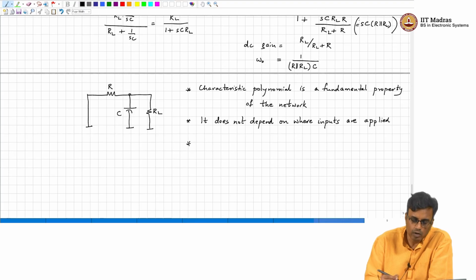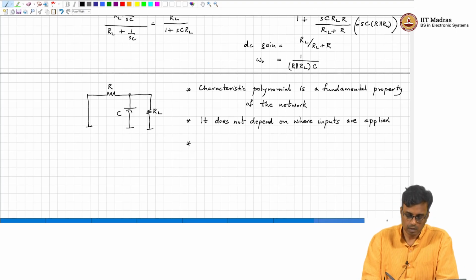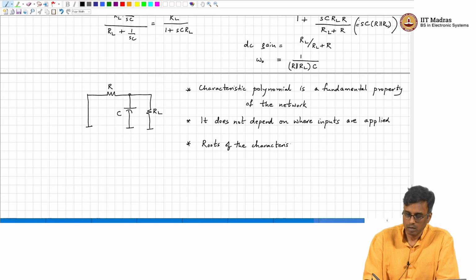And what comment can you make about the roots of the characteristic polynomial? What are they called? The roots of the characteristic polynomial are the poles of the network.